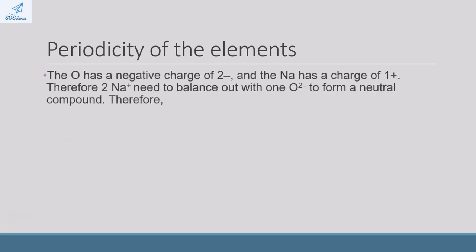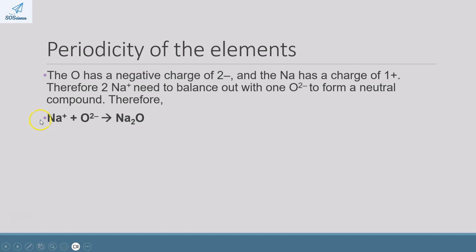So now we have oxygen that wants to gain 2 electrons, and we have sodium that only wants to give away 1 electron. But we need to balance out our compound in order to make it neutral. So therefore, we need 2 Na+ with 1 O2- to make Na2O.